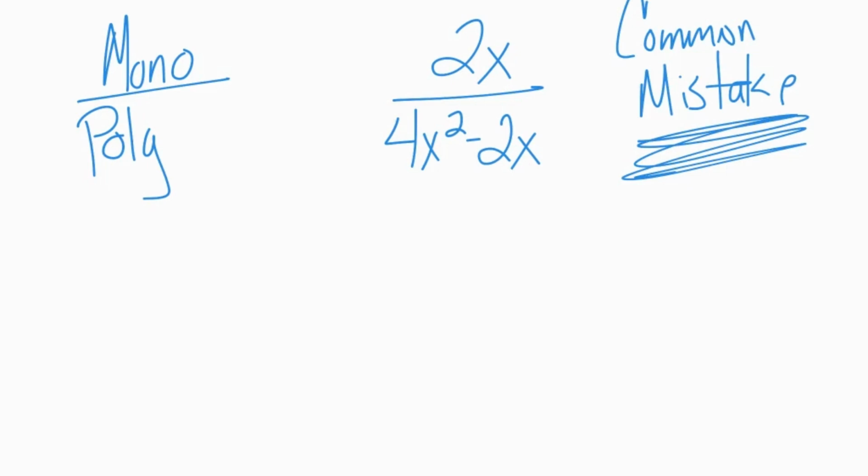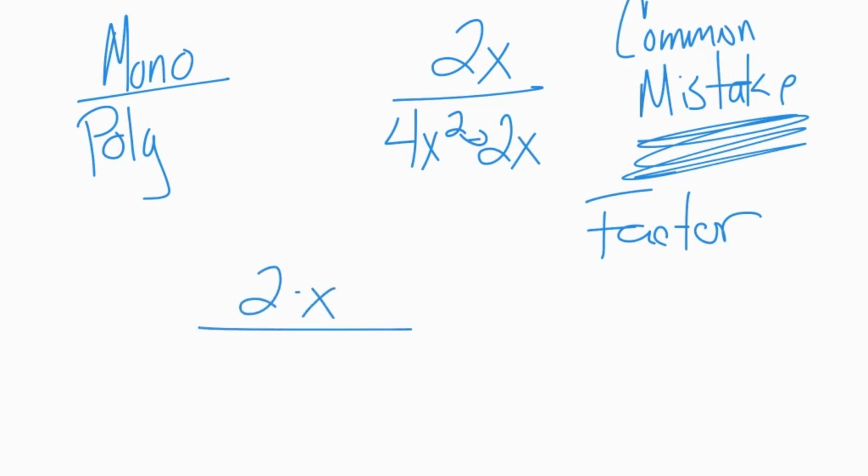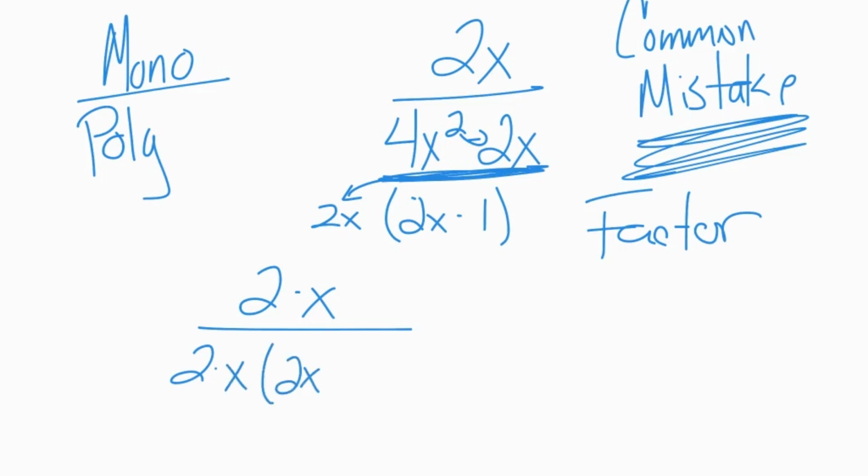You cannot do that. Okay? Because there is addition in here. We need multiplication. We need to factor. So the numerator becomes 2 times x, and we need to factor the GCF out of here. So there is a 2 and an x, leaving you with a 2x minus 1. Okay, so then when we factor that, we get 2 times an x times a 2x minus 1.